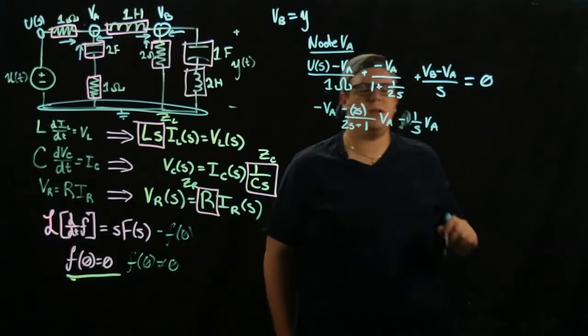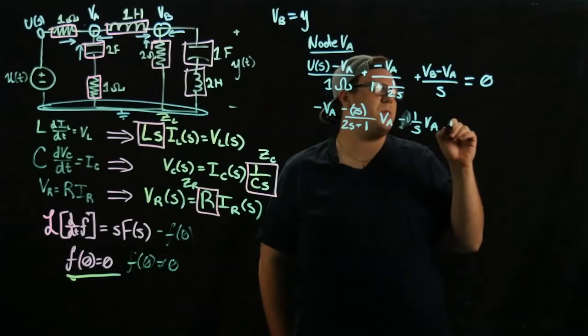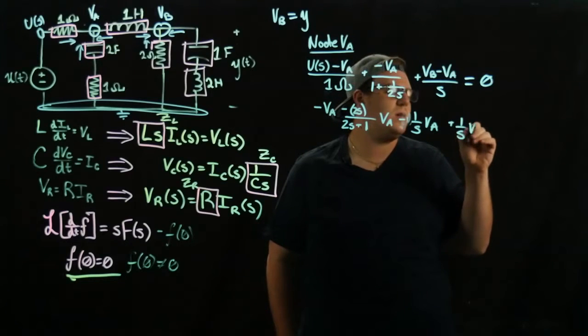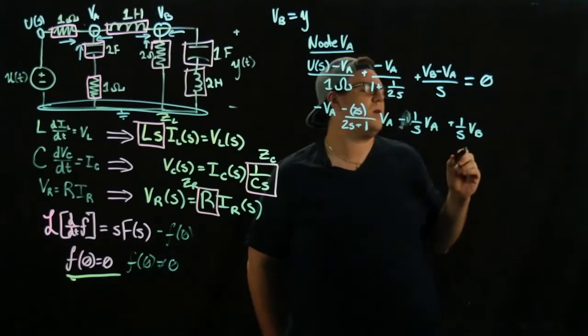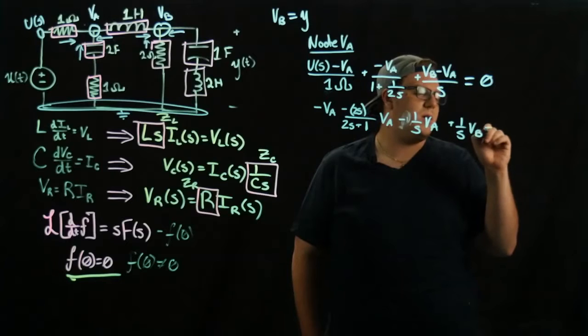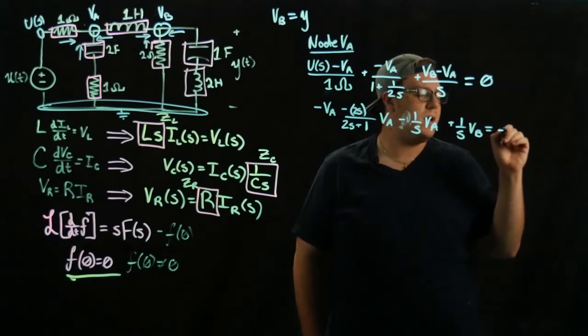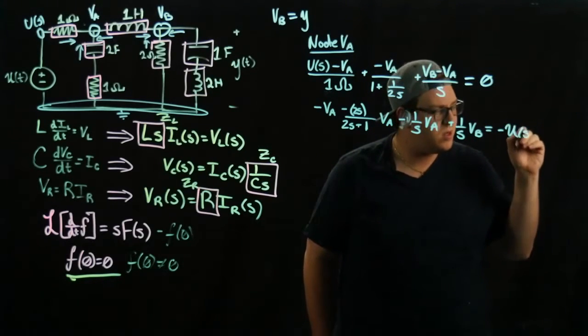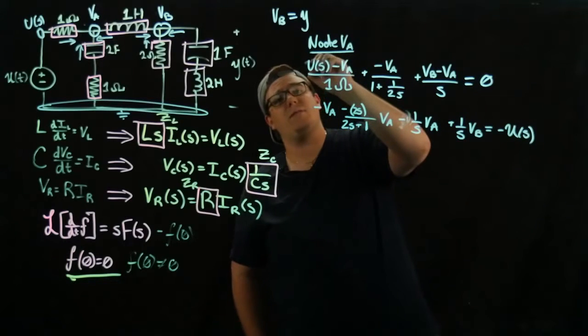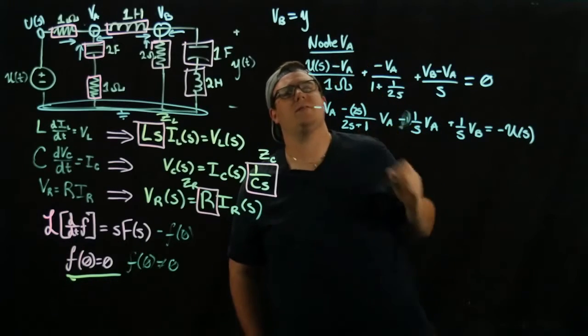And then our VB terms here are just plus 1 over s VB. And that's all going to still equal minus U of S. Sorry for the different ways of writing my U. These are the same thing.